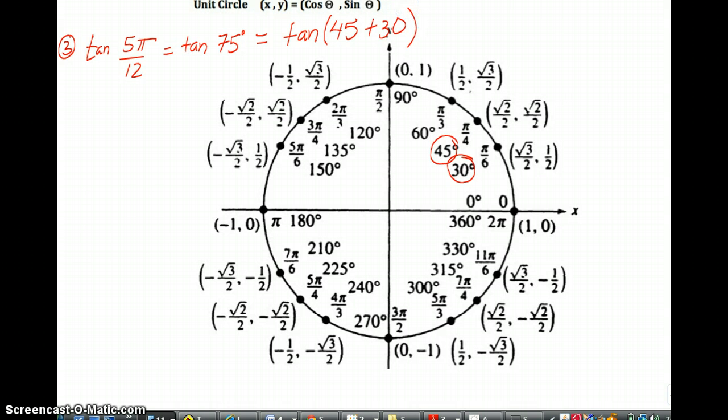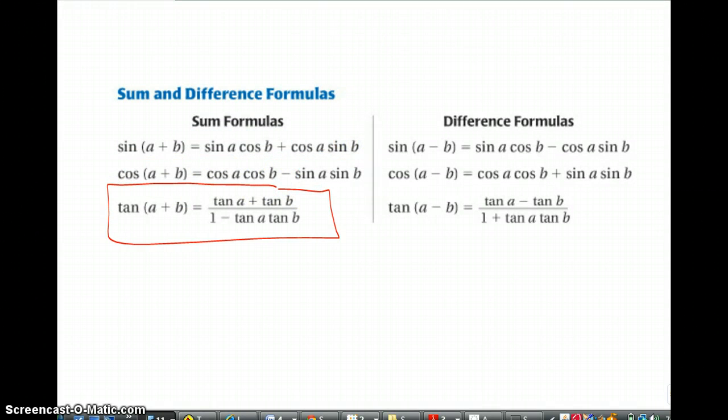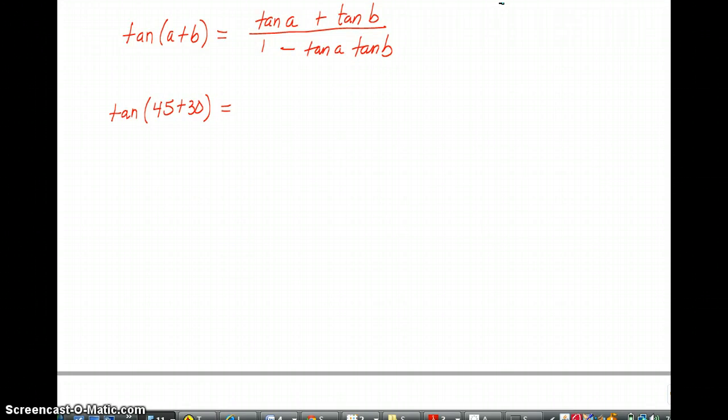So we now go to the formulas, and we have the tangent of a sum. We will be using that formula there. So there we have it.